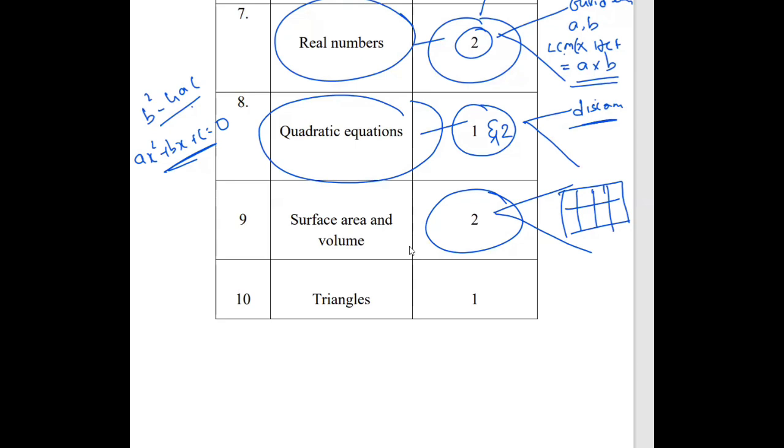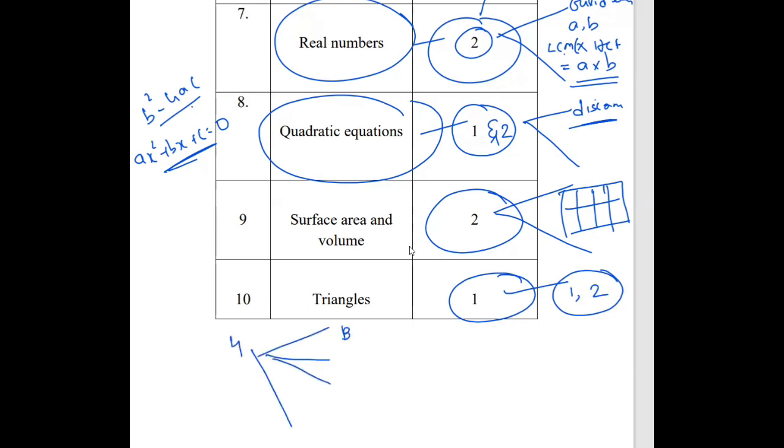Next, triangles, only 1 mark is there, so that may be 1 or 2 marks. In triangles, there are 4 different concepts that evaluators want to check. First concept is BPT. Second concept is angle. Third concept is area ratio theorem. And fourth concept is Pythagoras.